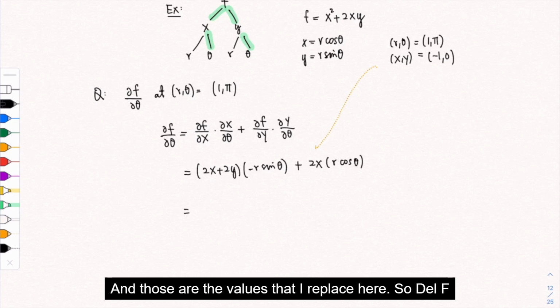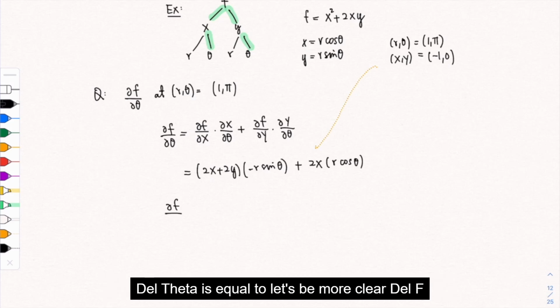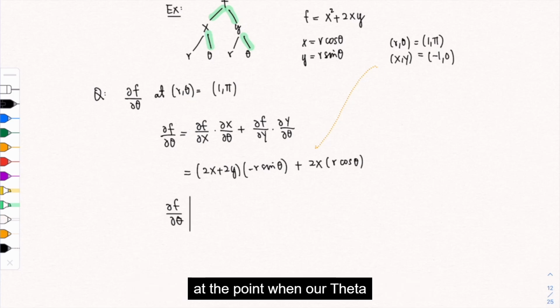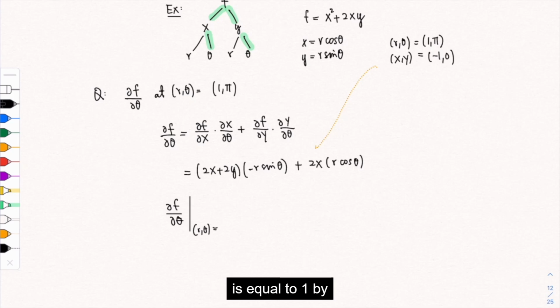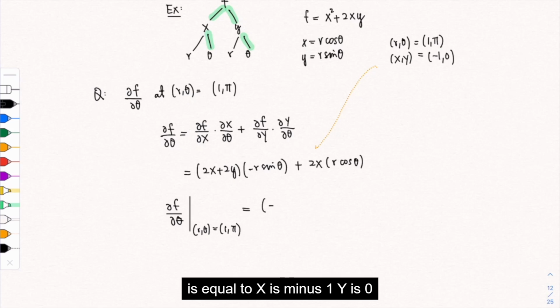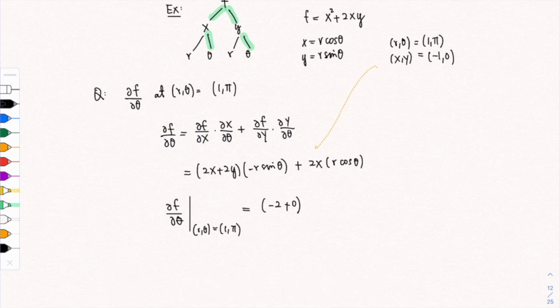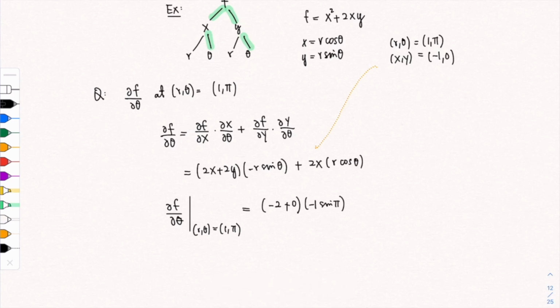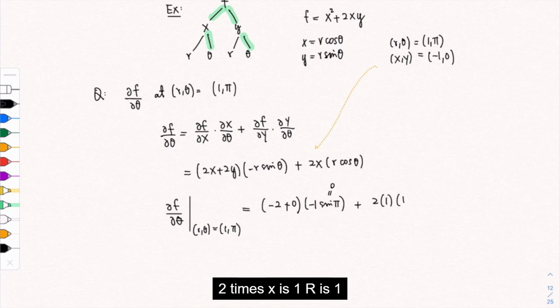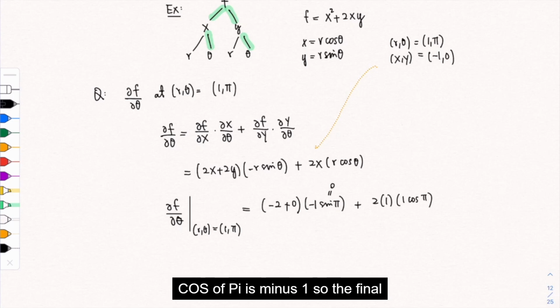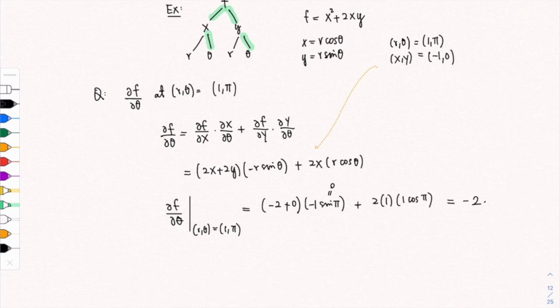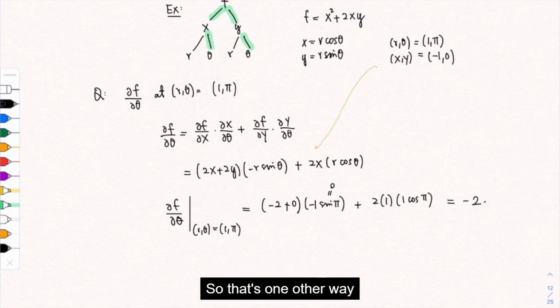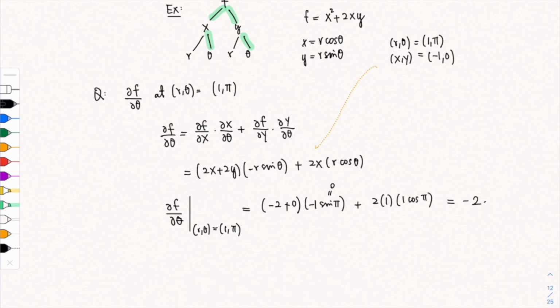So del f del theta, let's be more clear, del f del theta at the point when r, theta is equal to 1, pi is equal to: x is minus 1, y is 0, r is 1, sine of theta is 0, sine of pi, which is 0. 2 times x is 1, r is 1, cos of pi is minus 1, so the final answer is minus 2. So that's one other way that they could ask chain rule.